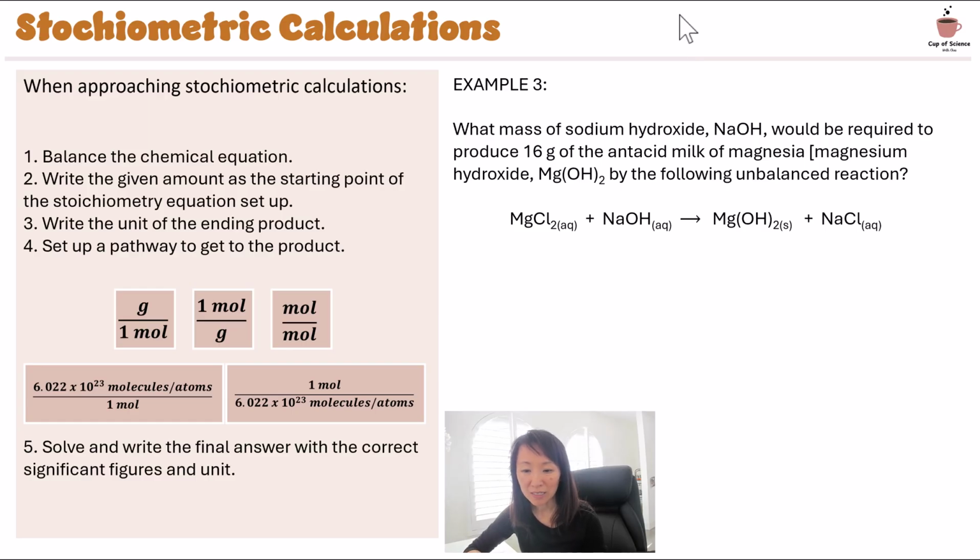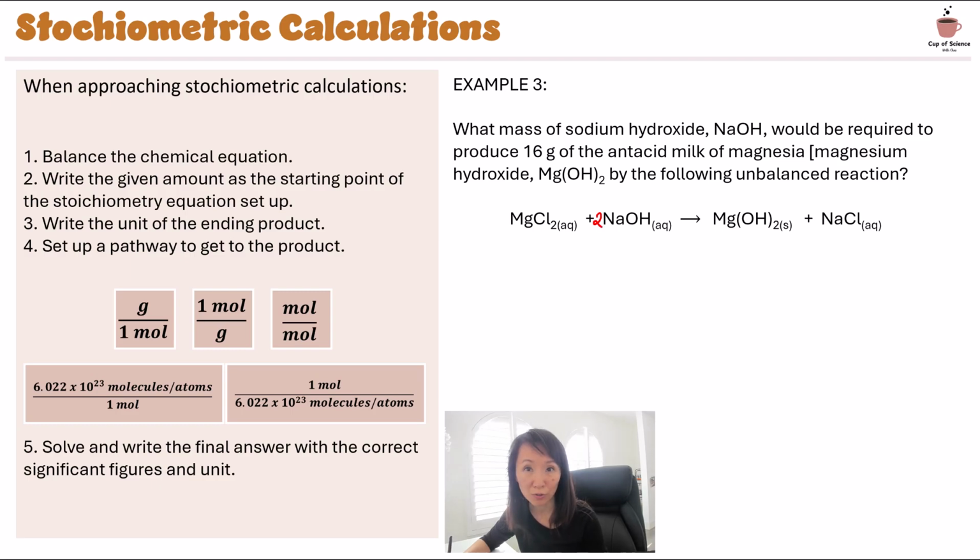So here we see a chemical equation, and the most complicated looking one is magnesium hydroxide. There are 2 hydroxides, and on the left hand side I only see 1 hydroxide. So I'm going to introduce the coefficient 2 in front of the sodium hydroxide to accommodate the amount of hydroxide.